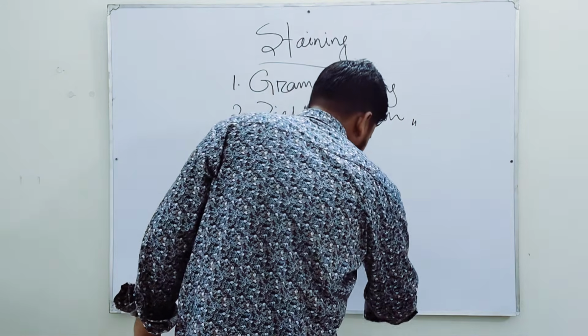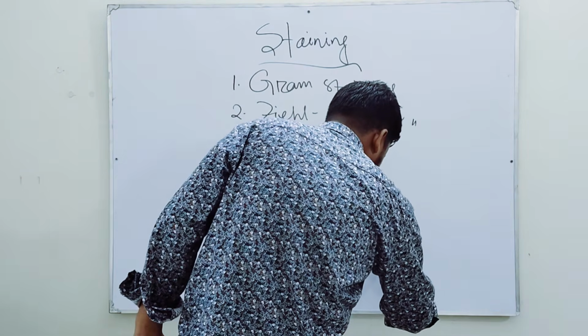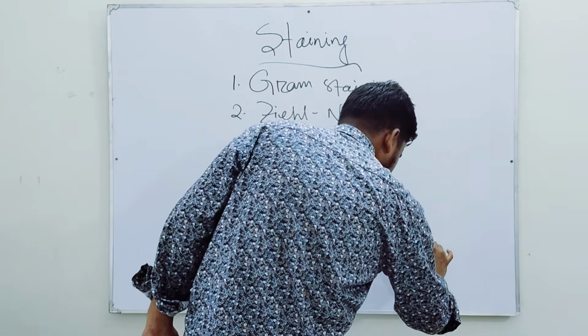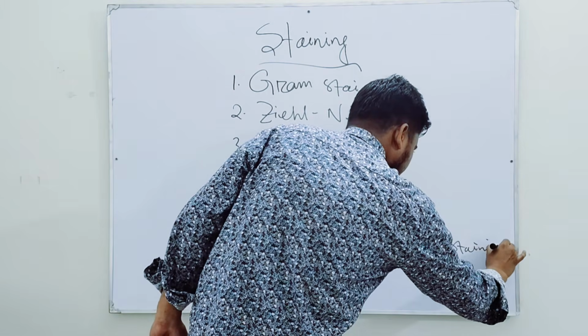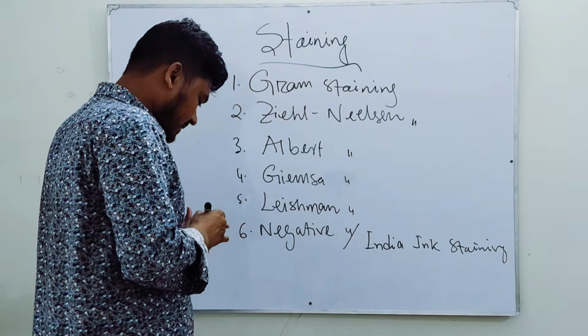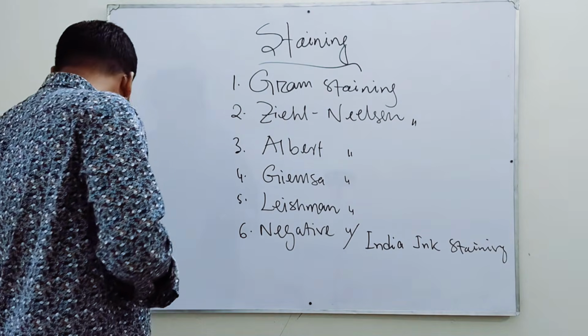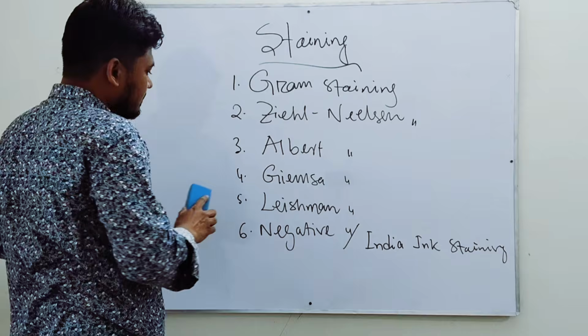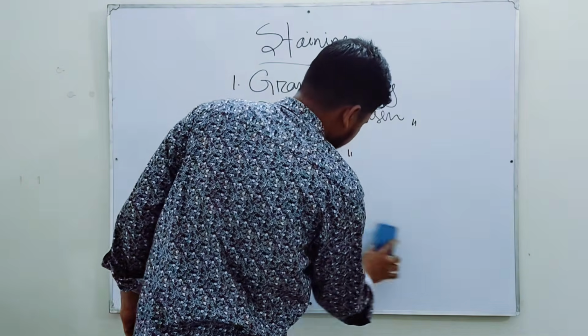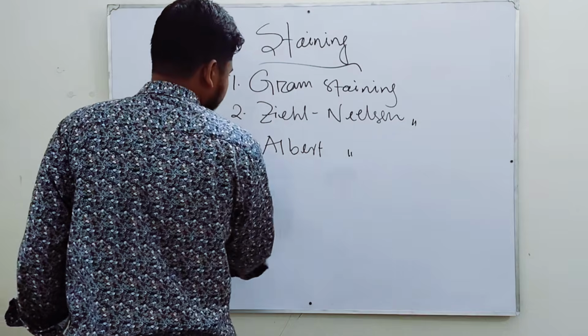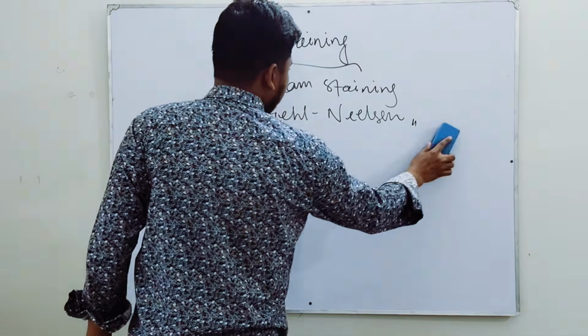Another name for negative staining is India ink staining. From here, I will describe gram staining, Ziehl-Neelsen staining, and Albert staining in detail.